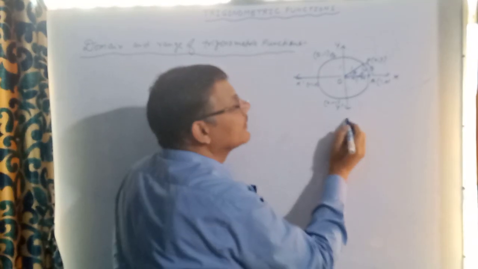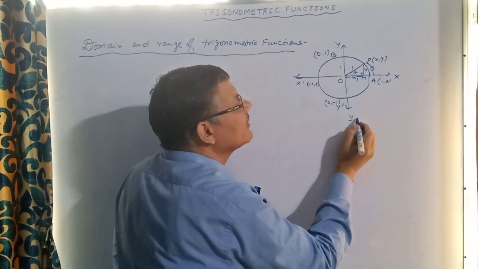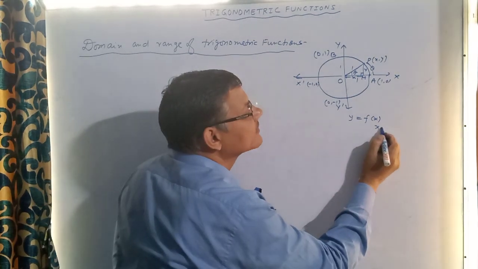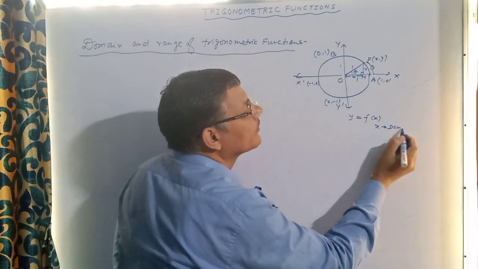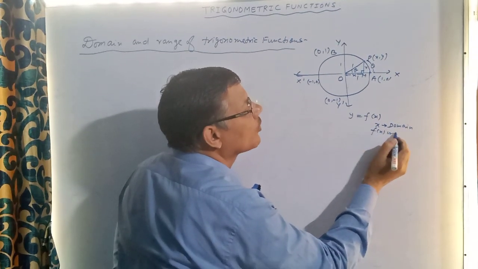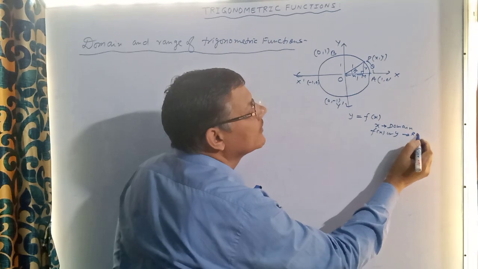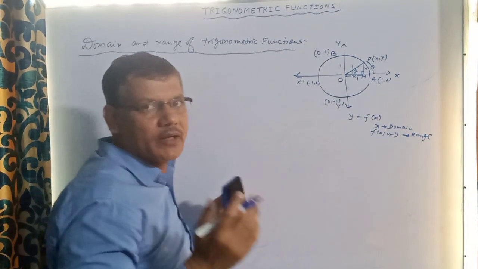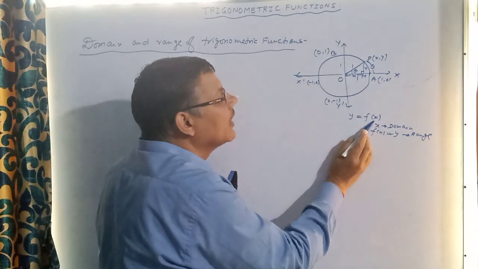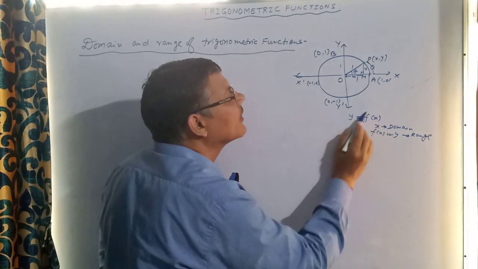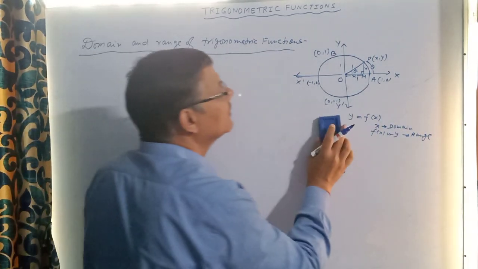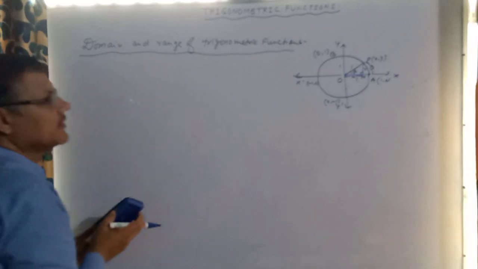If I write a function y equals f(x), the values of x give the domain, and the total values of f(x) or y are the range. It means the possible values of x are called the domain of the function, and the whole set of values of y for that function is called the range. So here two words are there, with explanations like that.